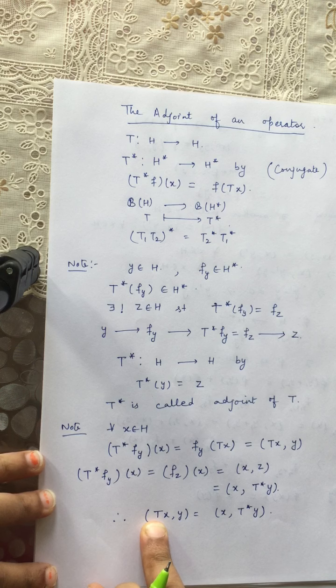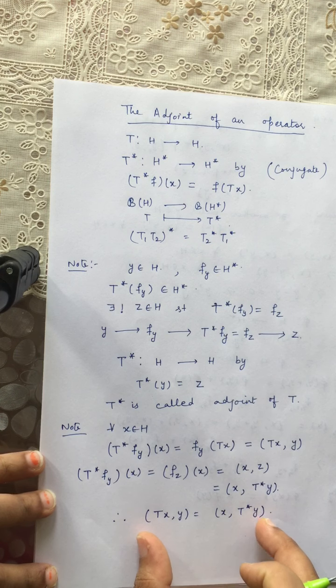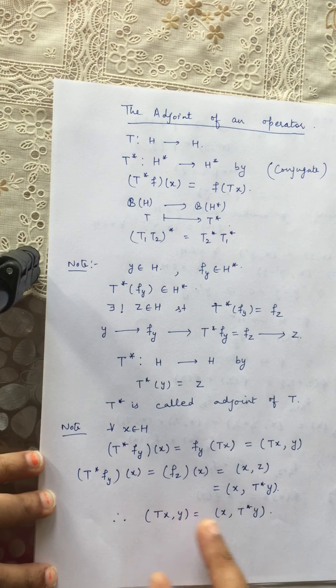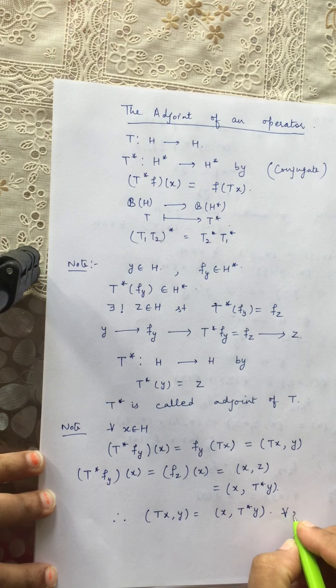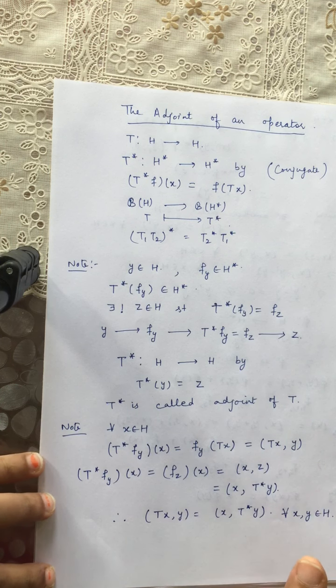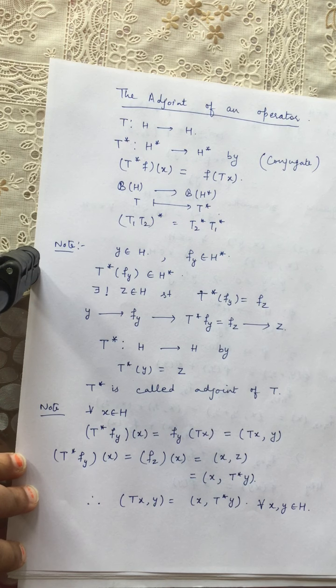So this T is an operator defined on H. This T star is also an operator defined on H, and this is the adjoint of T. So this is the relation between T and its adjoint T star, and this is true for all x, y in H. This is a property of the adjoint of T, and it uniquely determines this adjoint.